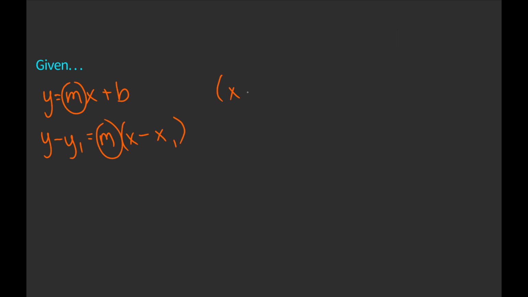The next kind of problem you might see is if you're given 2 points. So if we were given x and y, and x and y, you would be asked to find the slope, and in this case you would use the slope formula that we just discussed earlier. And the final way you'll probably see it is as a graph.